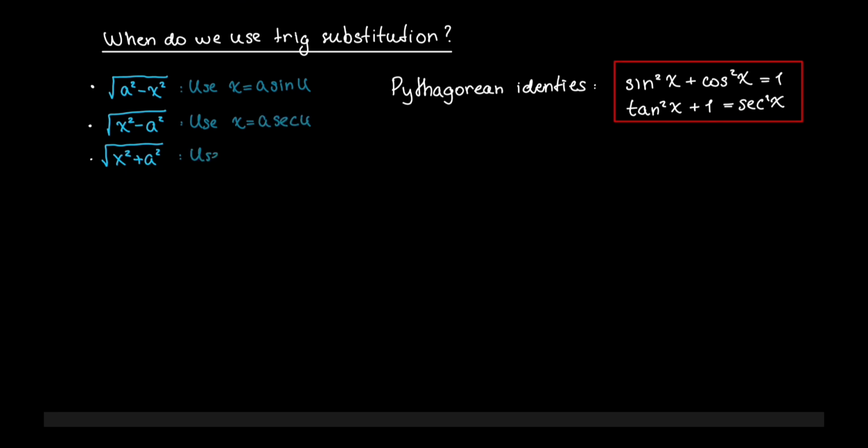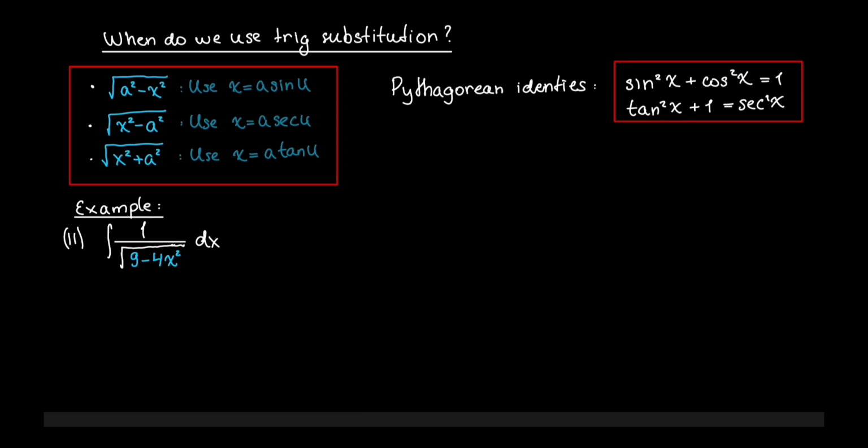And finally, for x squared plus a squared, we will always use x equals a tangent of u. I would definitely and highly recommend you to remember this table. If this seems extremely confusing, for now, I can tell you that it definitely is. So, we are going to take a look at an example.